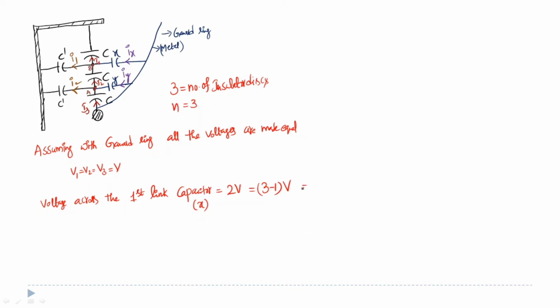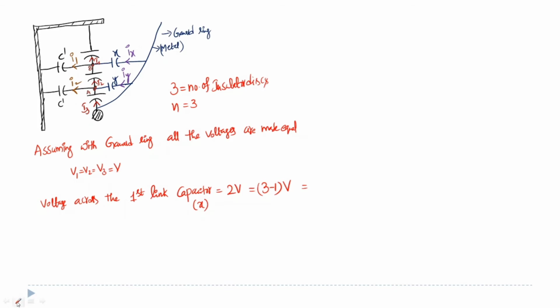So I can write here the voltage across the first link capacitor, which is X here for this purpose. Don't mix up this C with anything.